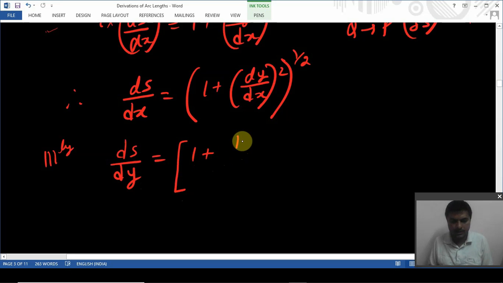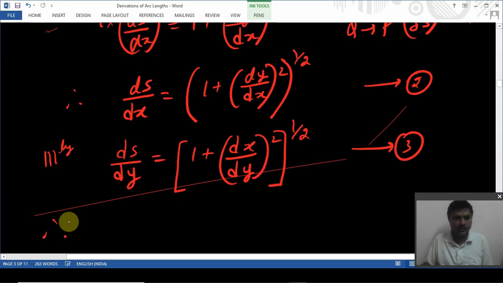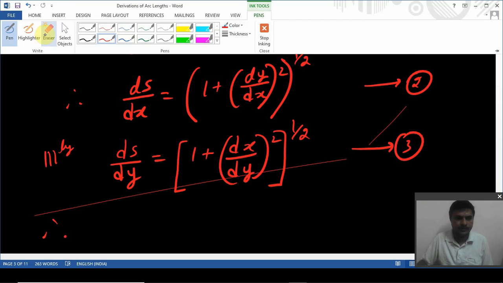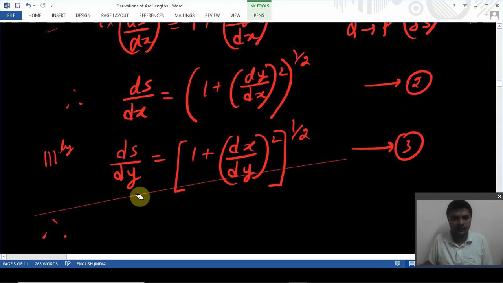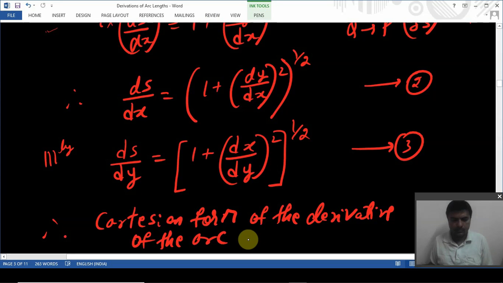So 1 plus dx upon dy the whole square raised to 1 upon 2. Now I take this as equation number 2 and this as equation number 3. Is it clear students? This is very simple.